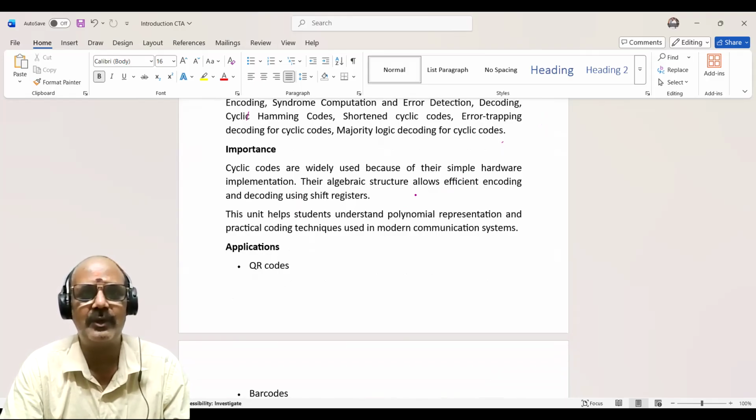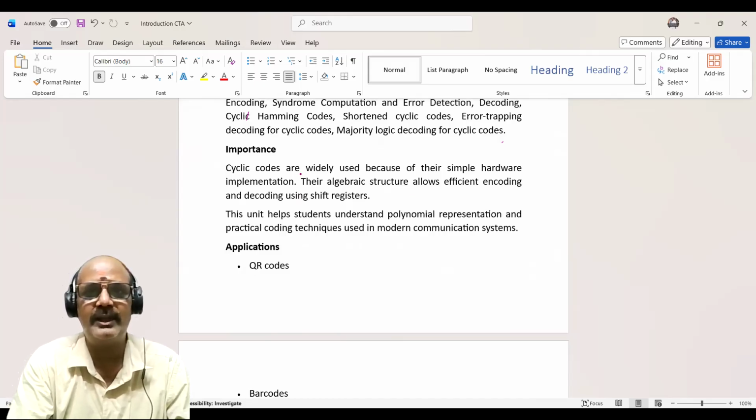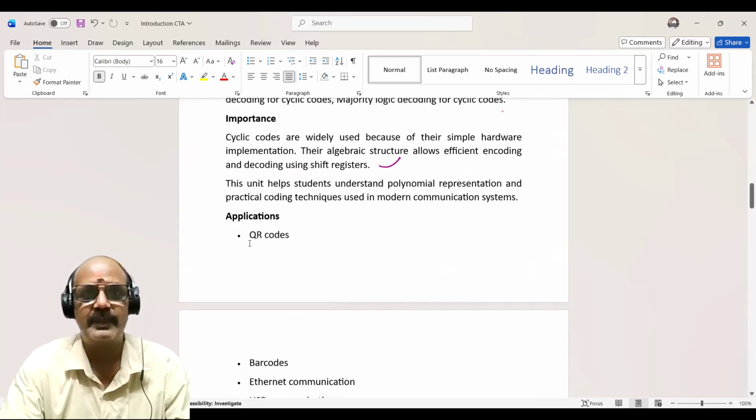In the case of cyclic codes, n increases with the help of polynomial representation and algebraic structure. Hardware is implemented very easily compared to block codes. Cyclic codes are widely used because of their simple hardware implementation. Their algebraic structure allows efficient encoding and decoding using shift registers.